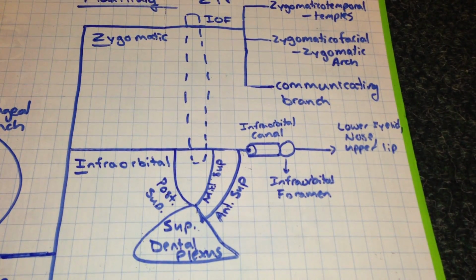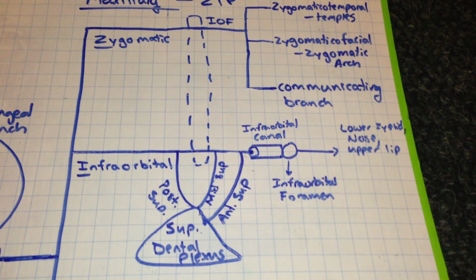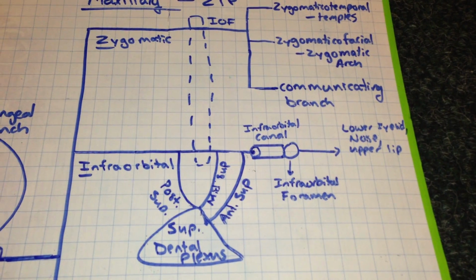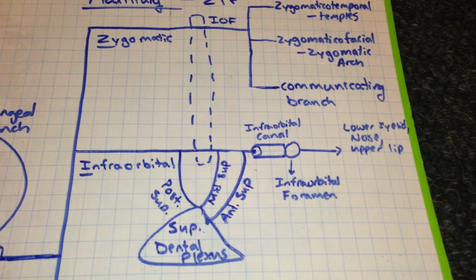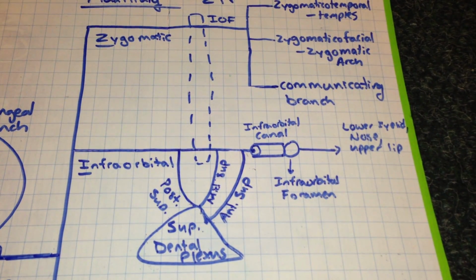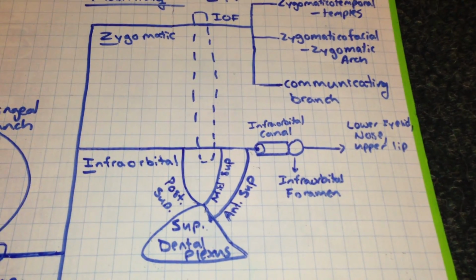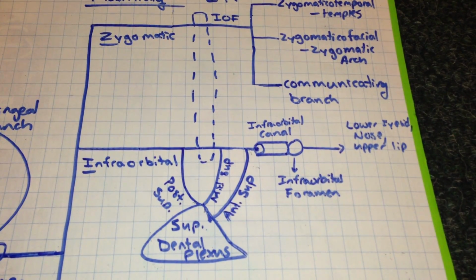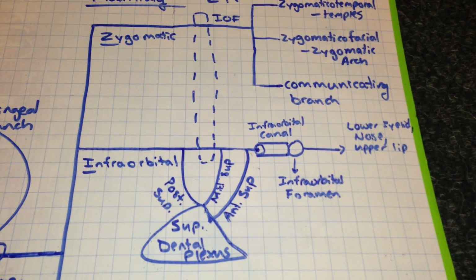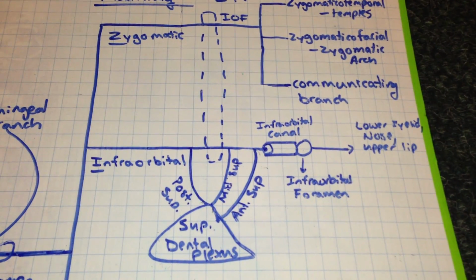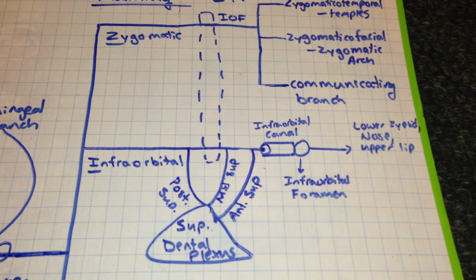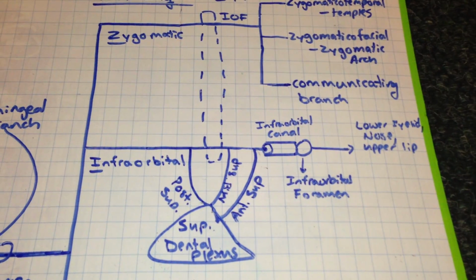And then once the infraorbital passes through the inferior orbital fissure, it will then give off the middle superior alveolar and the anterior superior alveolar. Okay, and together the superior alveolar branches form the superior dental plexus. The middle superior alveolar branch will innervate the premolars, whilst the anterior superior alveolar will innervate the incisors.